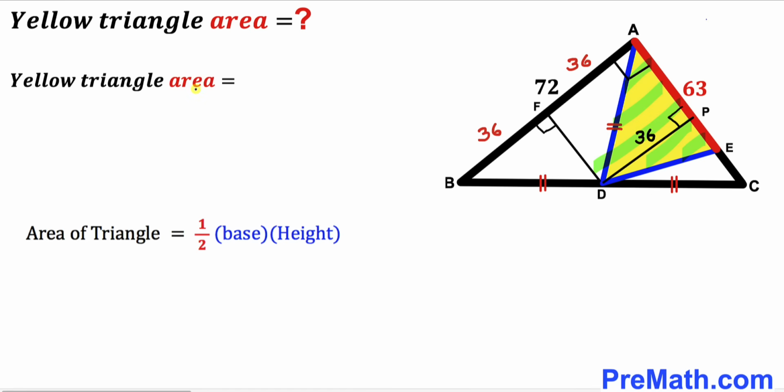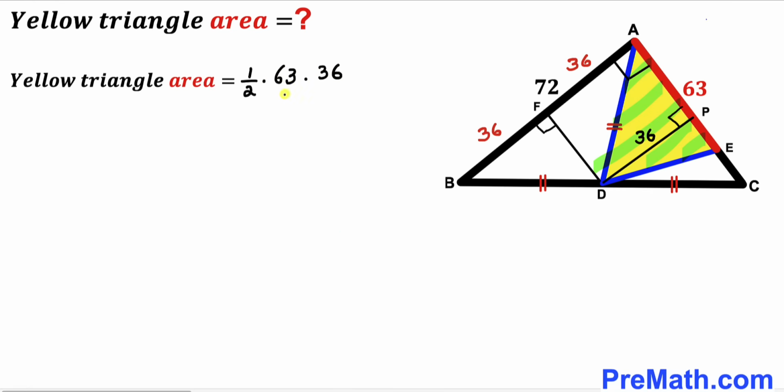So therefore the yellow shaded triangle ADE area is going to be a half times 63 times the height, 36. And if we multiply and simplify the right hand side, that is going to give us 1134 square units, the area of this yellow shaded triangle ADE.